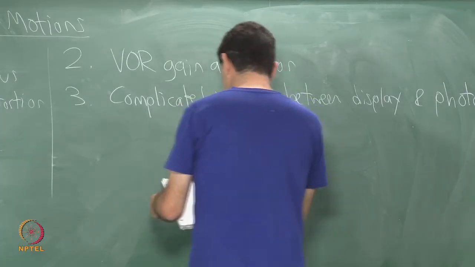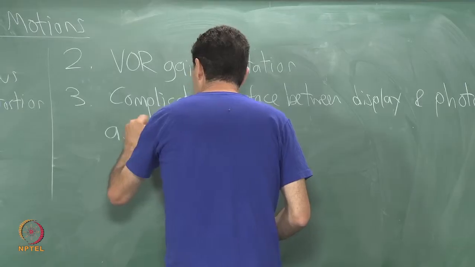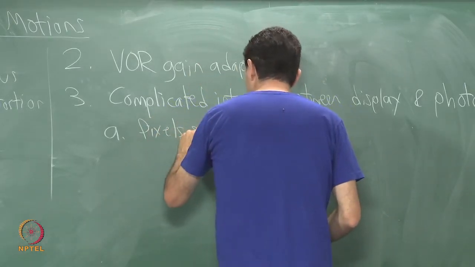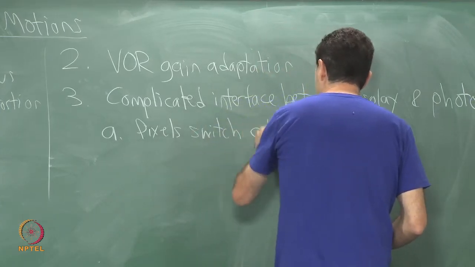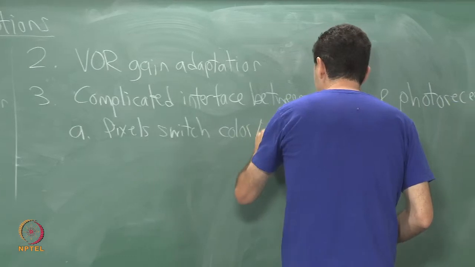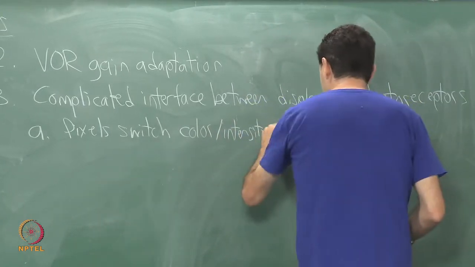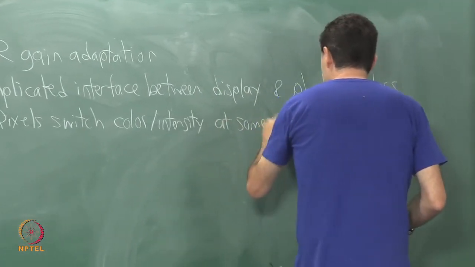So, for example, the pixels on the display switch their color or intensity at some non-zero rate.